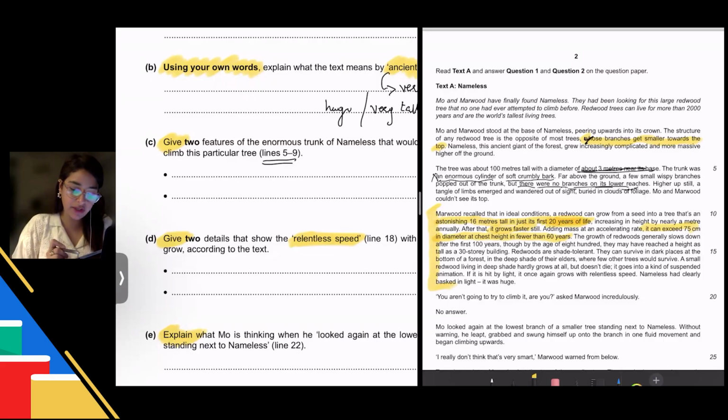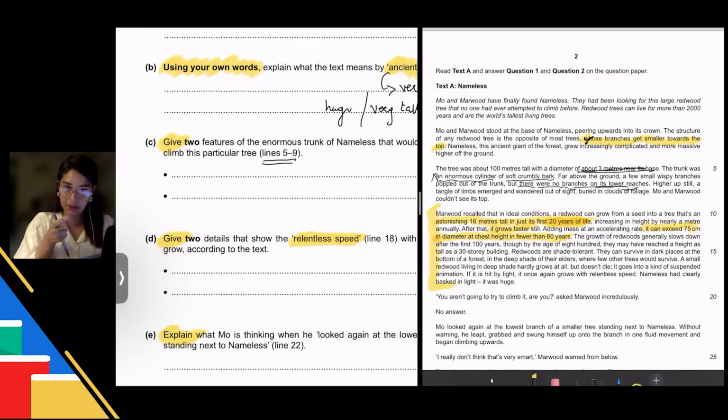The growth of redwood trees generally slows down after the first 100 years, so definitely not something I'd want to include. By the age of 800, they may have reached a height as tall as a 30-story building. Now, if I only choose this piece of information, that might work, talking about how within 800 years, it is as tall as a 30-story building.